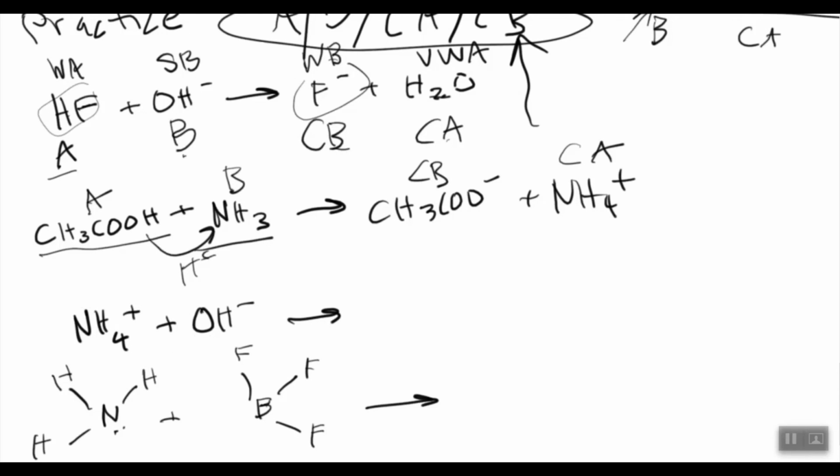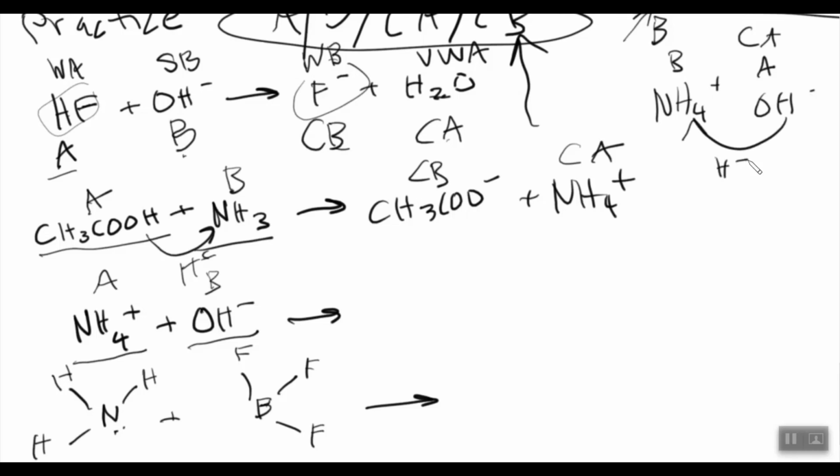So let's take a look at this next problem. Now NH4+ is unfamiliar. I don't know if that's an acid or a base. We know that OH- is a base, so this must be an acid. Another way to think about this is, what if we switch the positions? What if we called NH4+ a base and OH- an acid? Well, this would donate an H+, and you would get NH5 2+ plus O 2-.